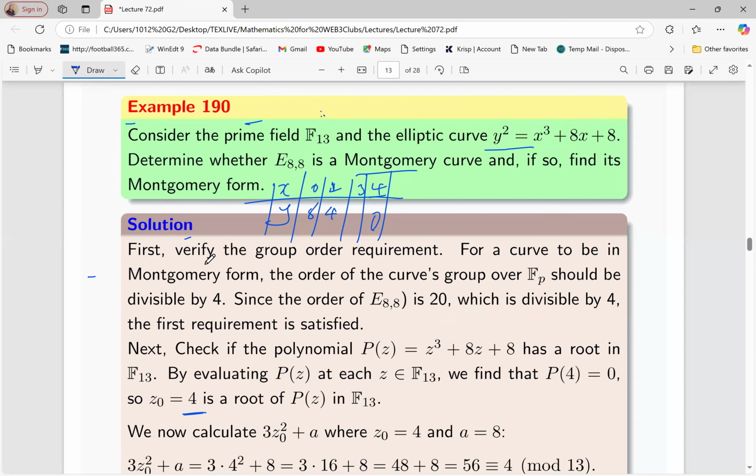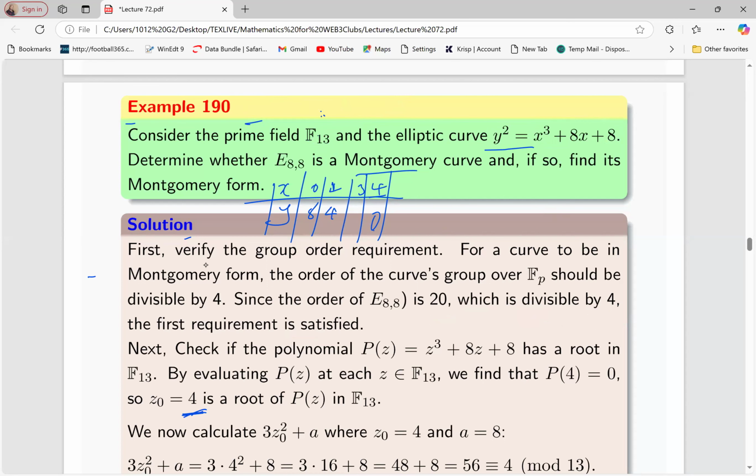Take the root that we've just obtained, square it, get 16. Mod 13, that is 3. Take the root, square it. That would be 3. 4 times 4 is 3.